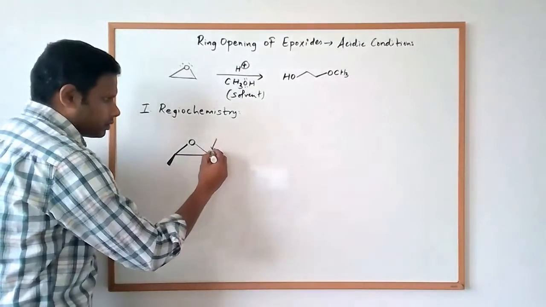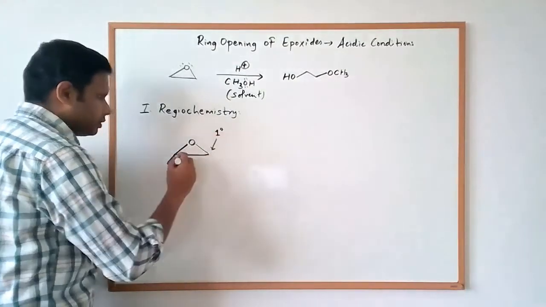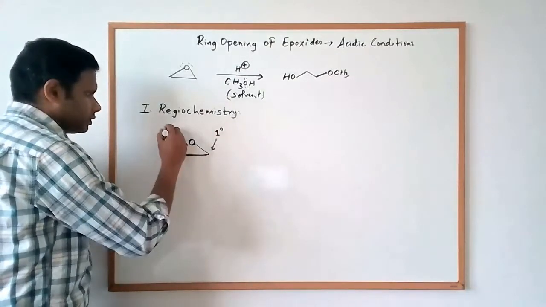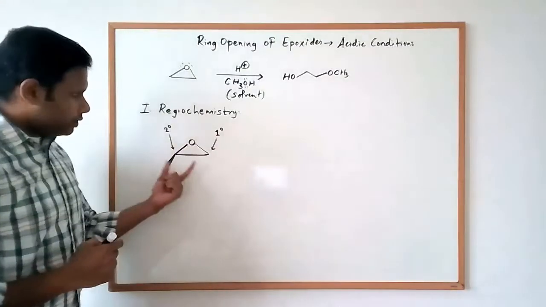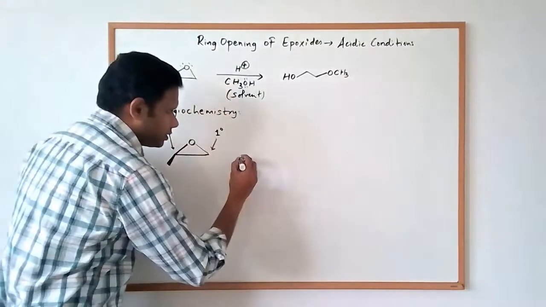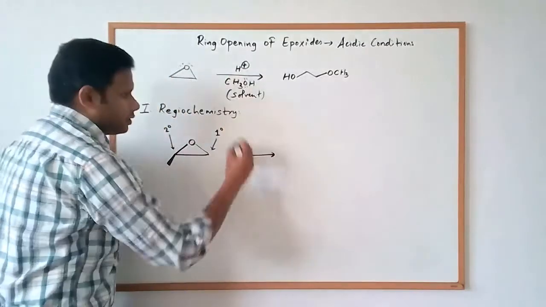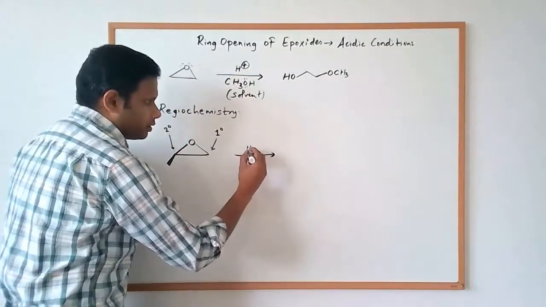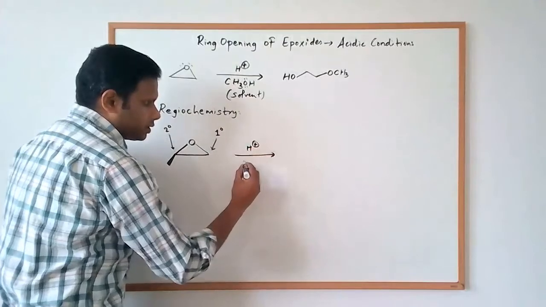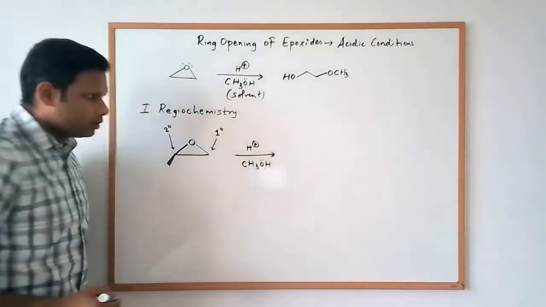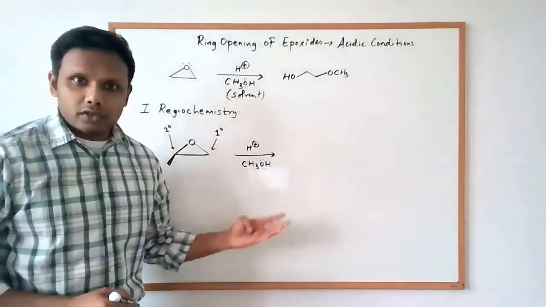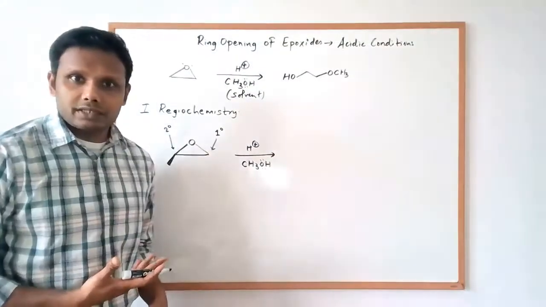So we have a primary carbon here, and we have a secondary carbon over there. With this epoxide, under similar conditions, if we do the ring opening under acidic conditions, and if we have a nucleophilic solvent like methanol, now this could be any other nucleophile. I'm just using methanol as an example.